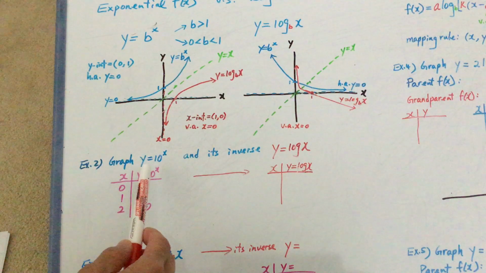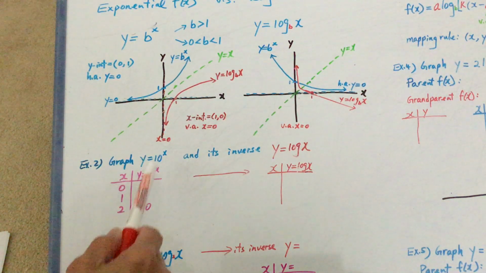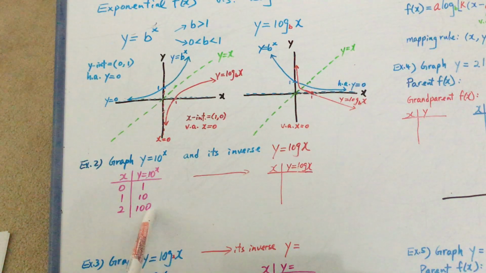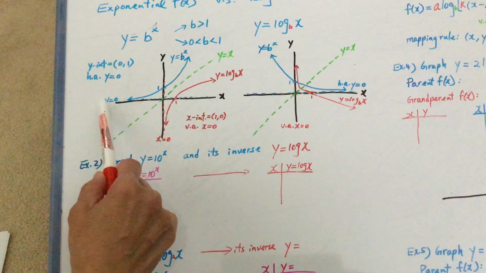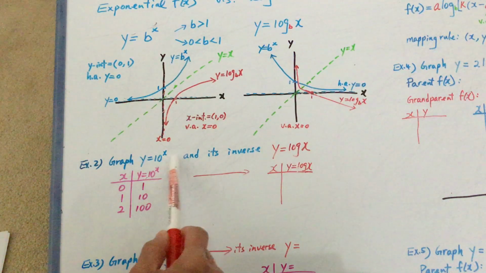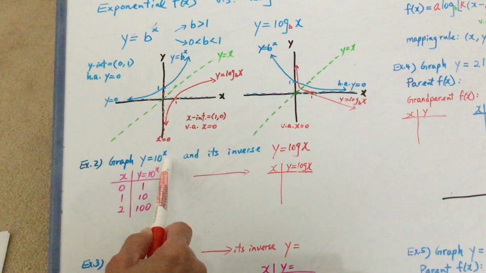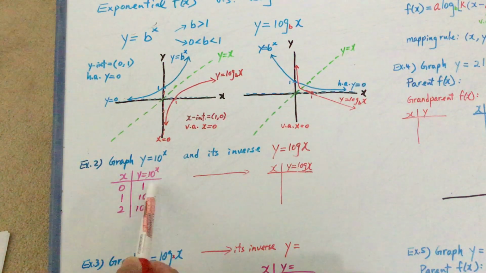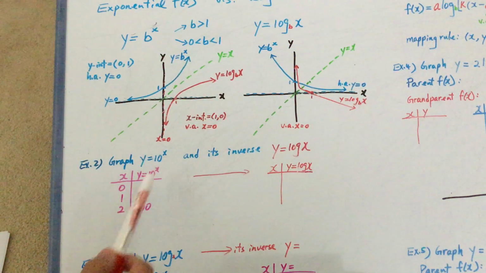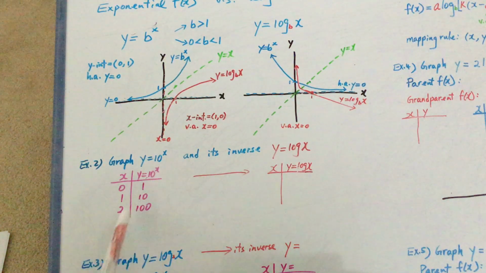Now, for y equal to 10 to the power of x, if I want to graph this, I just need to do a table of values with a couple of points. And I know that, just like this one here, the horizontal asymptote is going to be at y equal to 0, because this is one of the important properties. And if I sub in 0 over here, I get a 1, so I got a y-intercept at (0, 1). And if this is a 1, then I get a 10. And if this is a 2, then I get 100.